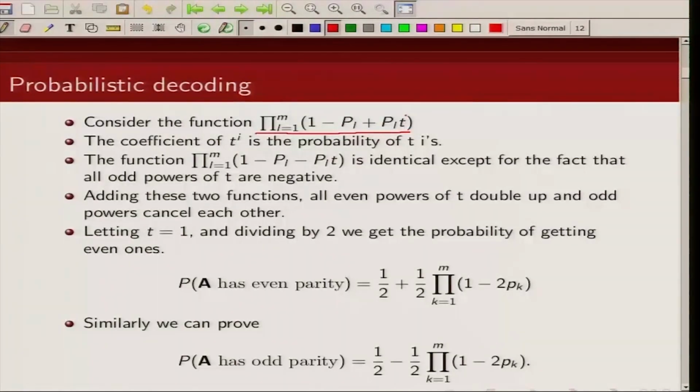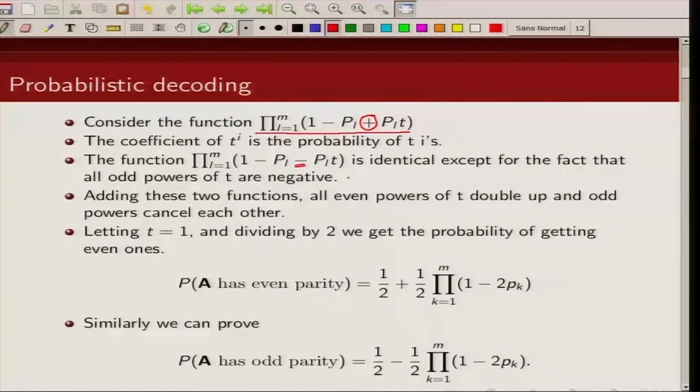If we look at the coefficient of t^i here, this will give us the probability of i ones. Now, we can similarly consider this function where this plus has been replaced by minus. This function is identical to this, except that the odd powers of t will have a minus in the expansion.